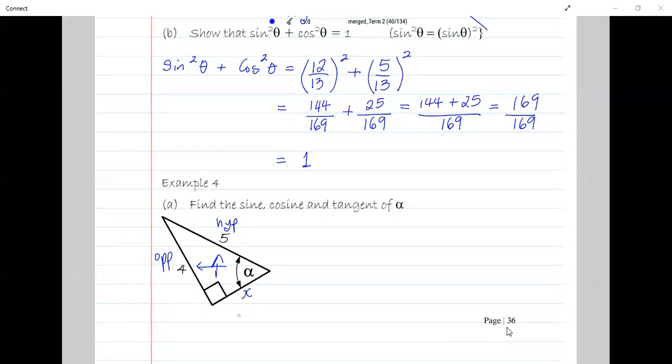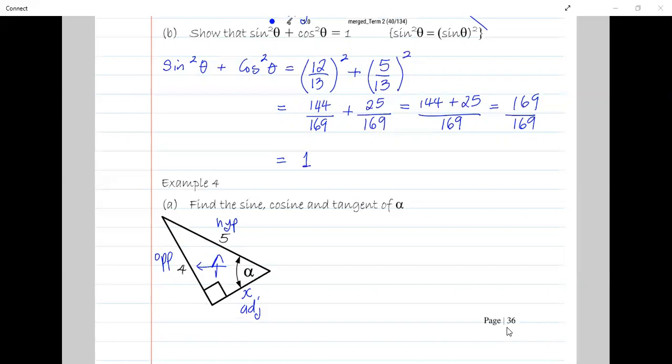That one we don't know. Now, cosine is adjacent over hypotenuse, so if I don't know the adjacent side, I can't find cosine. Tangent is opposite over adjacent, so if I do not know the adjacent side, I cannot find the tangent of the angle.